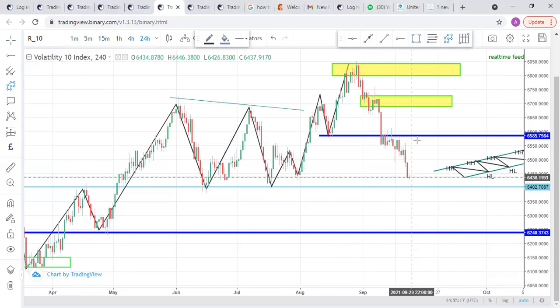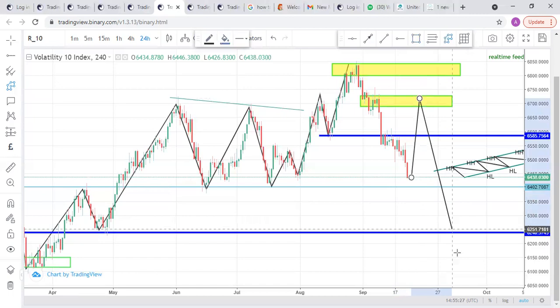You know, I told you there will always be a pullback, a correction. Don't be surprised if you see the market come back to this point, then drop lower.